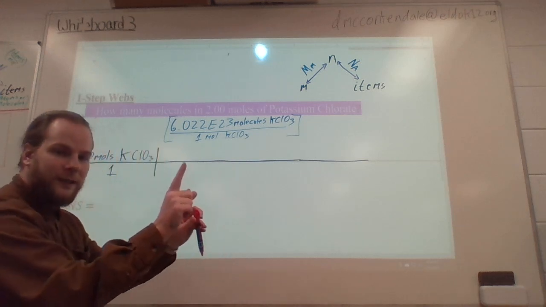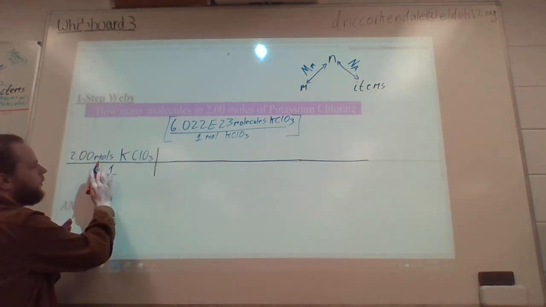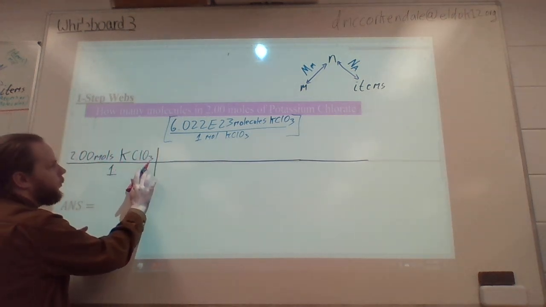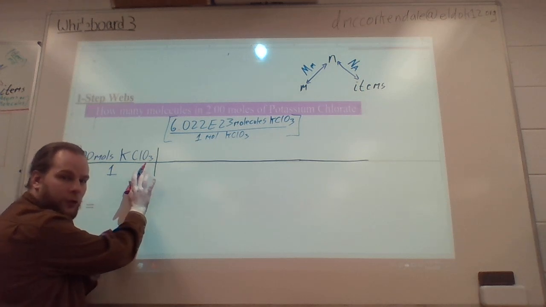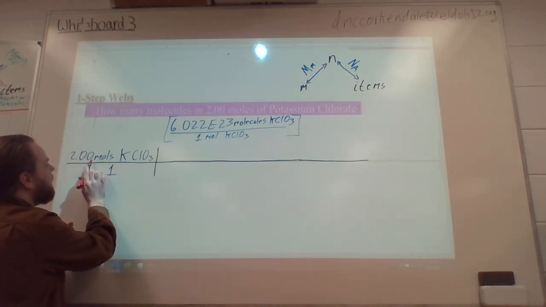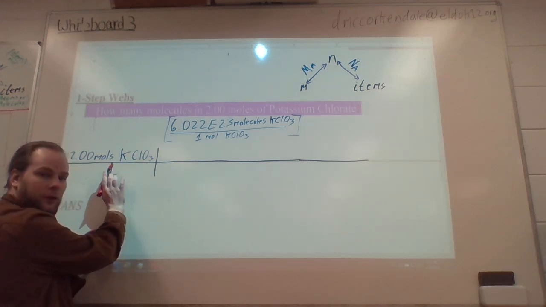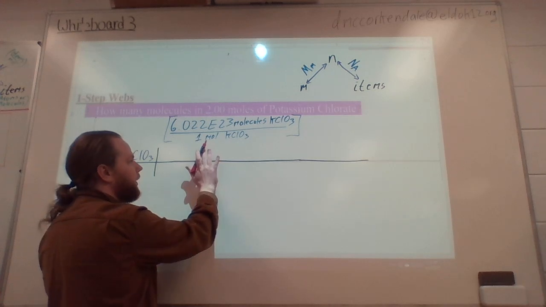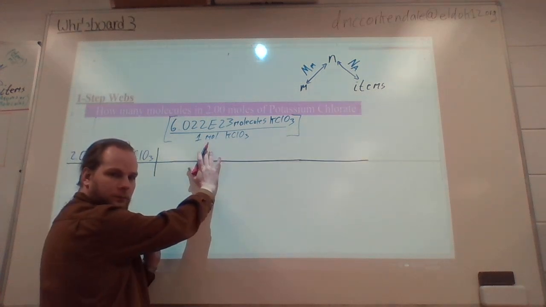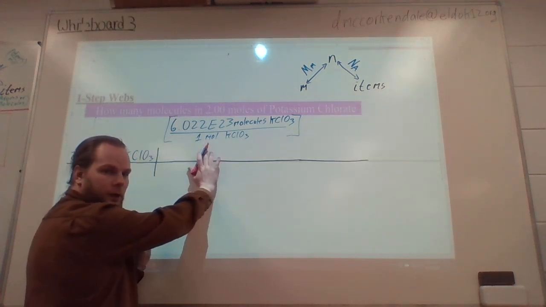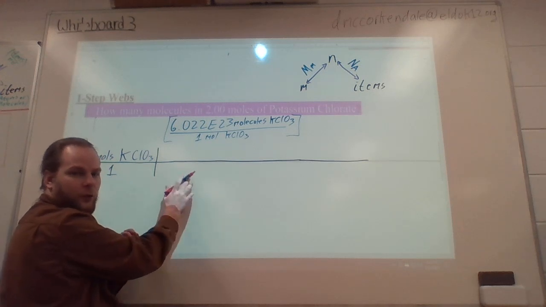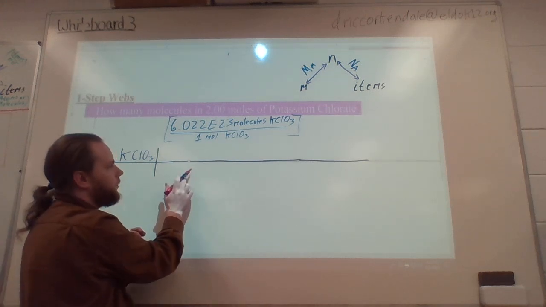So we currently have moles of KClO3 in the units on our numerator. We need this unit right here to cancel out with whatever we put here. Okay, we need this to cancel whatever goes in as the next fraction.